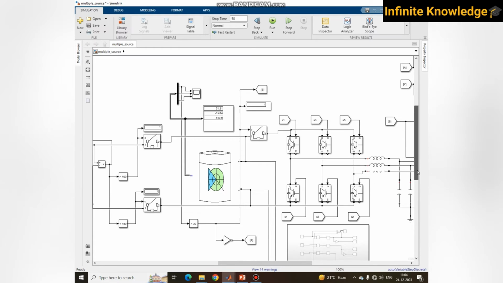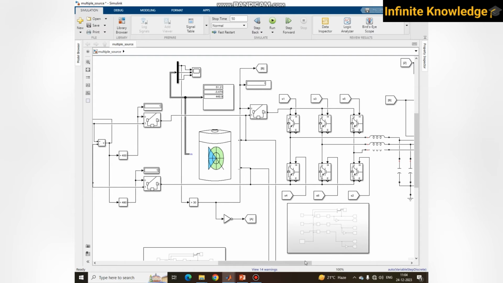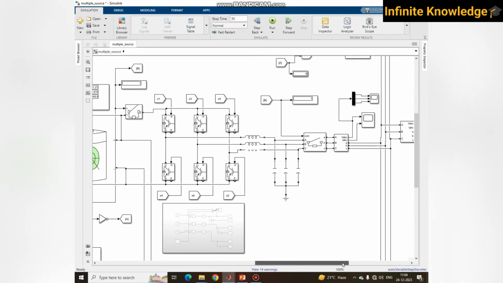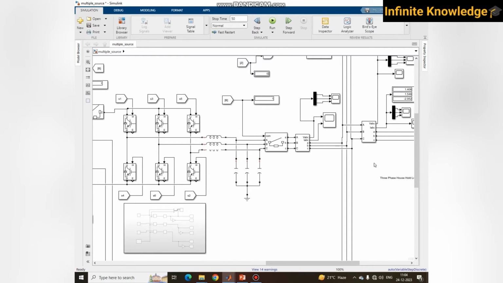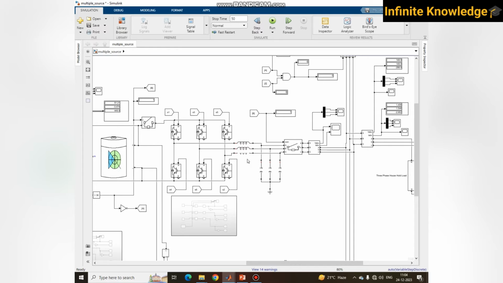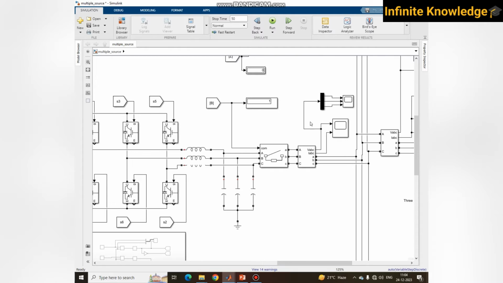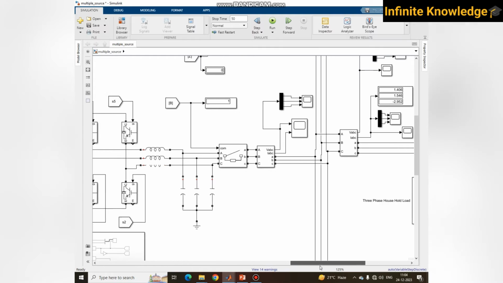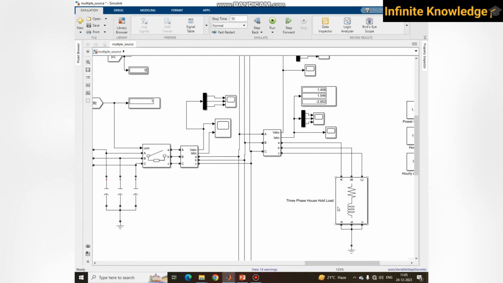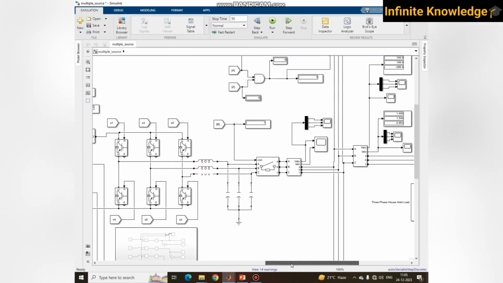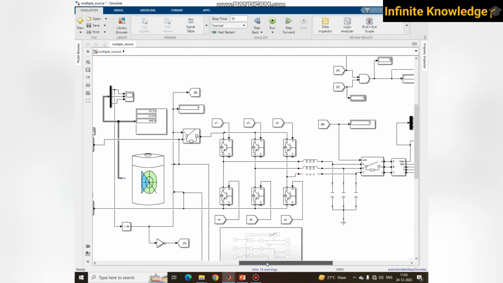This is the SPWM inverter, a sine PWM inverter that finally generates a satisfactory sine wave. And this is a measuring component. This is the final breaker. If this breaker is closed, you are getting power to your household load. This is a 1.5 kilowatt household load. Okay, this is the solar part.